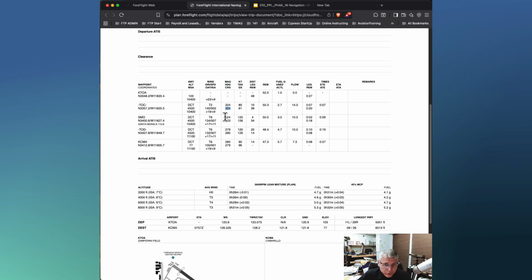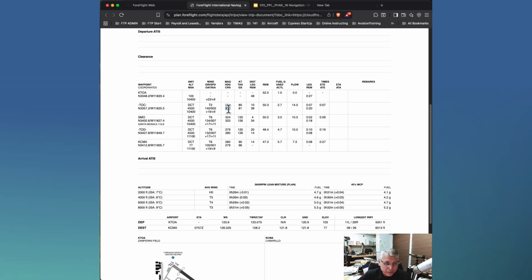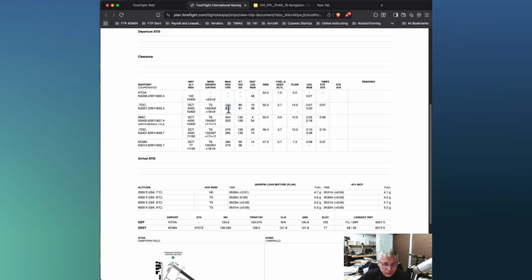The unique presentation where they talk about magnetic course is only looking at the wind correction angle, and this will change based on the influence of the winds on your course. All right, so 324 is in this case what that amounts to be.